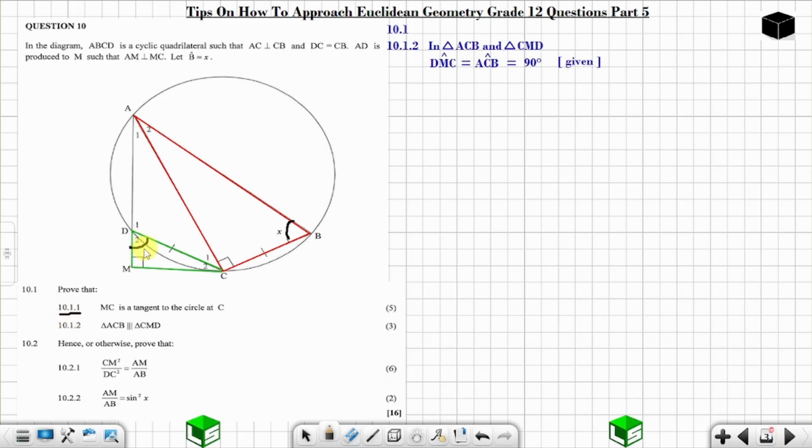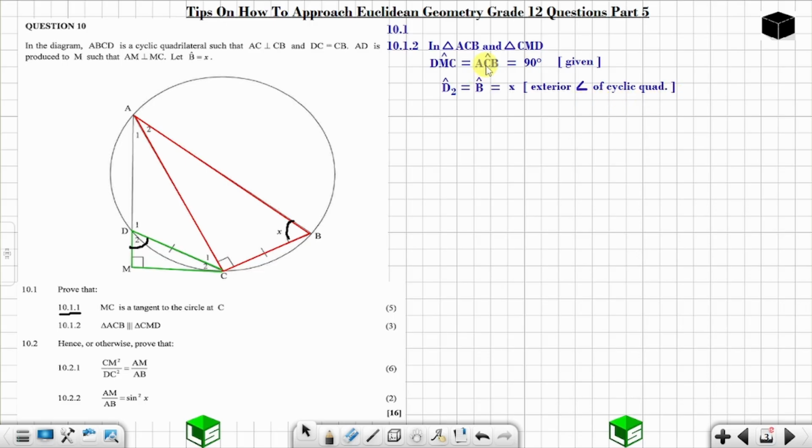So they are both equal to x. The two angles are equal. So the reason is exterior angle of a cyclic quadrilateral.